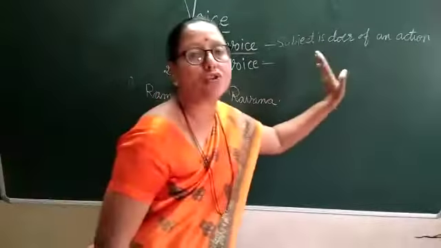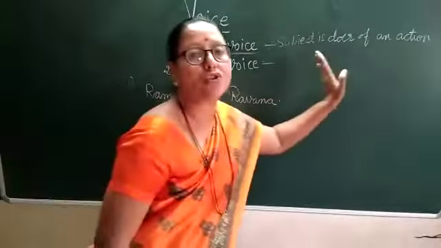Now listen to what I explained. When the subject is the doer of an action, we say the sentence is in active voice. See here. Rama killed Ravana. Who is the subject? Rama is the subject.